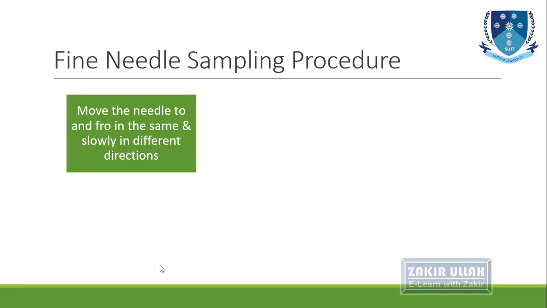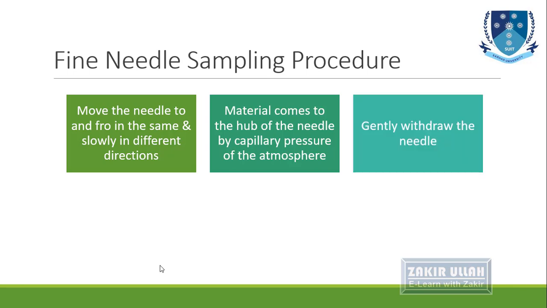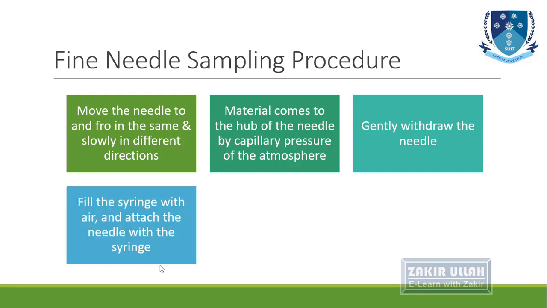Then the needle is moved forward and backward, in a to-and-fro motion, in the same as well as in different directions. When the material comes into the hub of the needle by the capillary pressure naturally produced by the atmosphere, we gently withdraw the needle, fill the syringe with air, and attach the needle to the syringe.